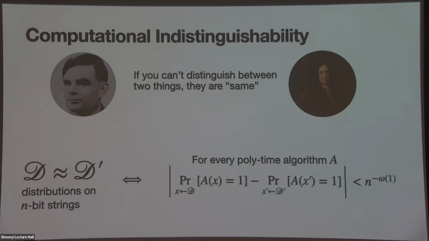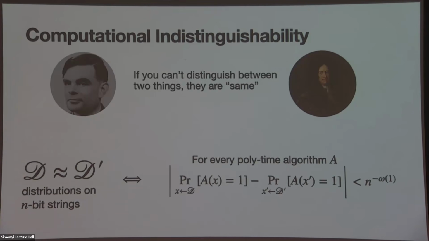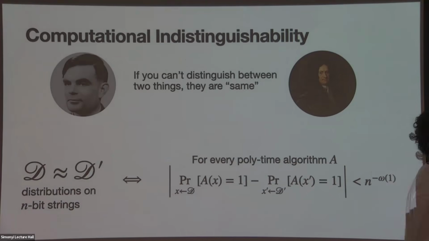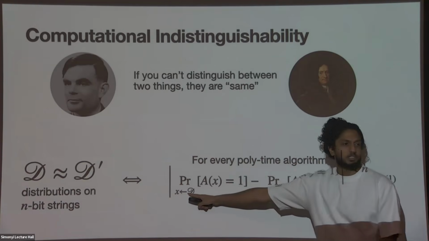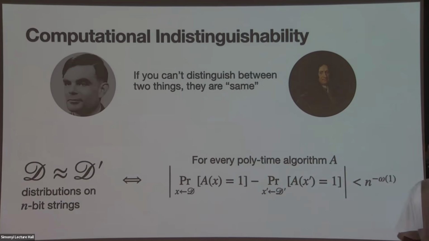So this notion of computational indistinguishability is usually played on distributions. So let's say you have a distribution D on n-bit strings, and another distribution D prime on n-bit strings. We say they're computationally indistinguishable if for every polynomial time algorithm, when you draw a sample from D, the probability that this algorithm outputs 1 is roughly the same as its outputting 1 if you draw from D prime.